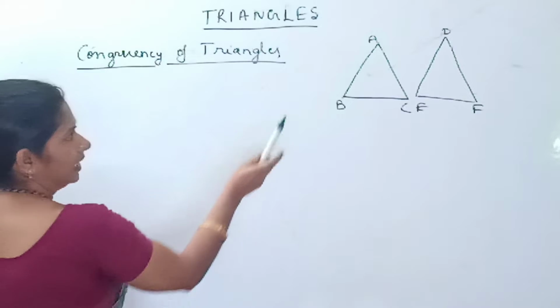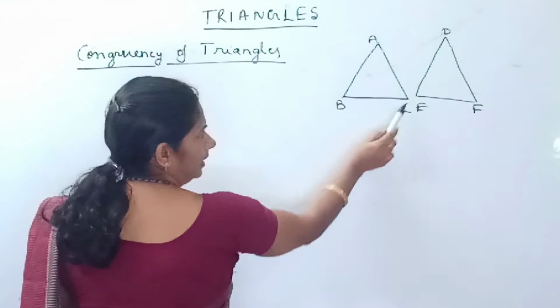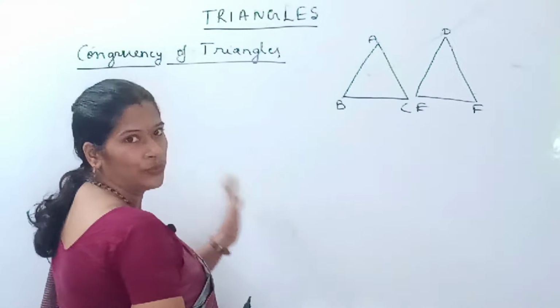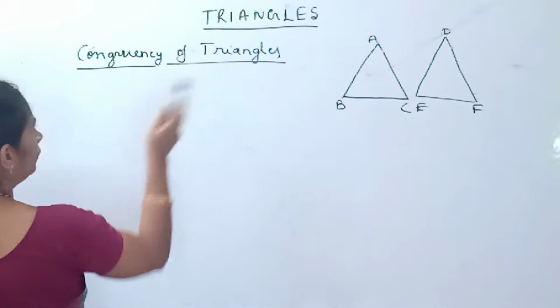Now let us discuss congruency of triangles. When can we say that these two triangles, triangle ABC and triangle DEF, are congruent? So what is the congruency of triangles?